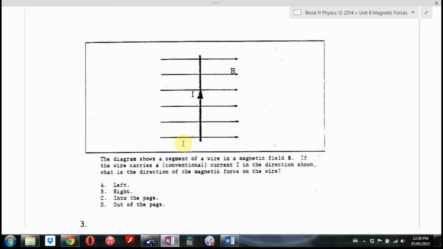I would extend my hand like this. Which way is my palm pointing? Is the answer A, B, C, or D? C. Into the page. Yep. We're going to practice this a bunch.